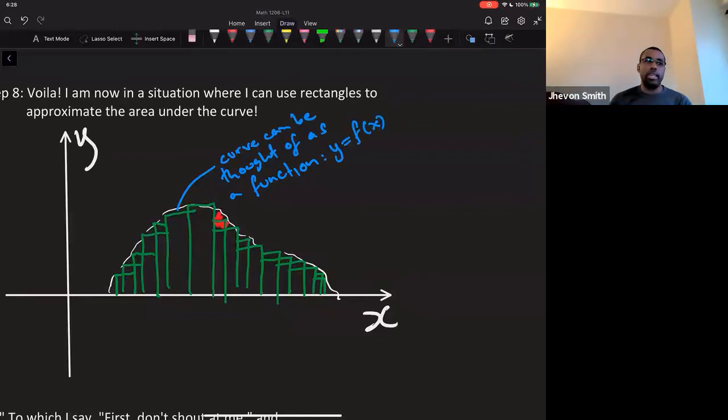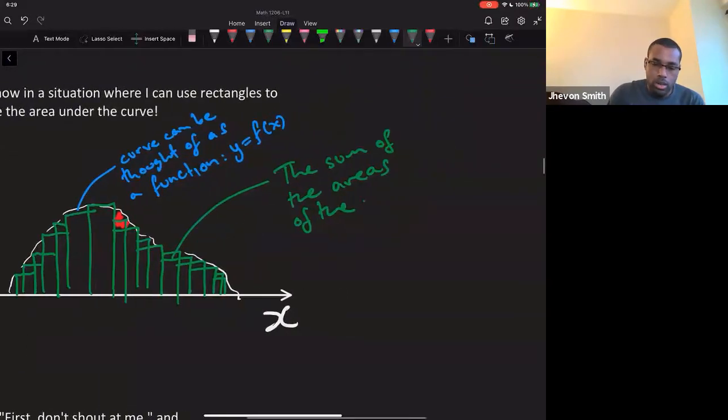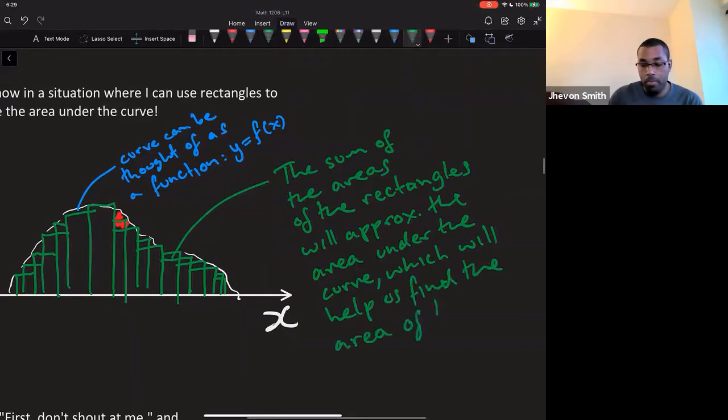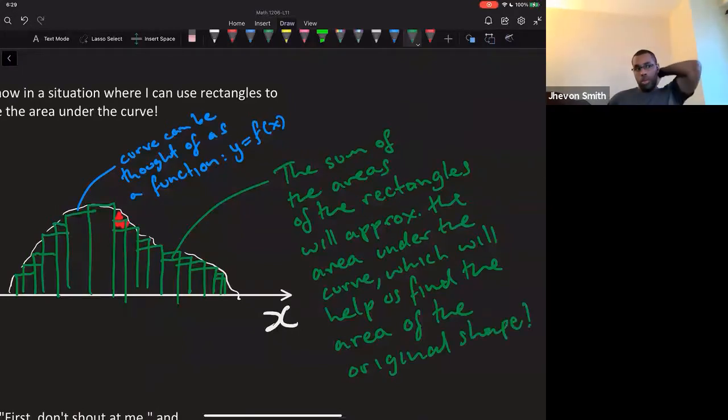And essentially now what you can realize is that the sum of the areas of the rectangles will approximate the area under the curve, which will help us find the area of the original shape. So yeah, that's where we are.